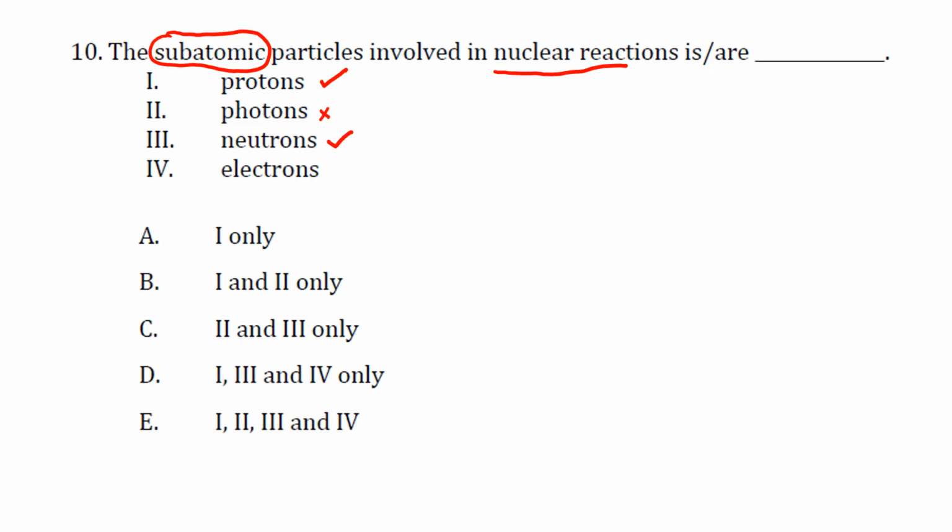Neutrons are also involved in nuclear reactions, as well as the electrons. Therefore, the correct answer here is 1, 3, and 4, and that leads us to choice D. Again, photon is not a subatomic particle.